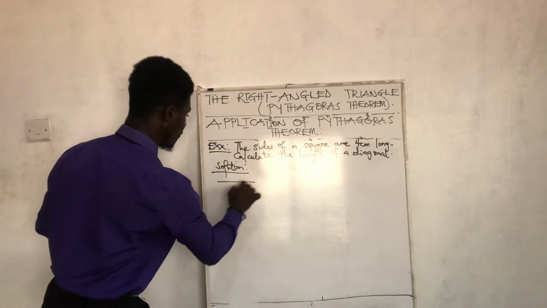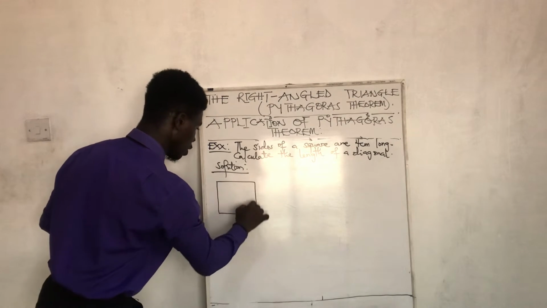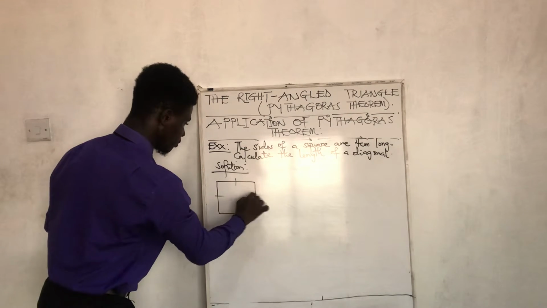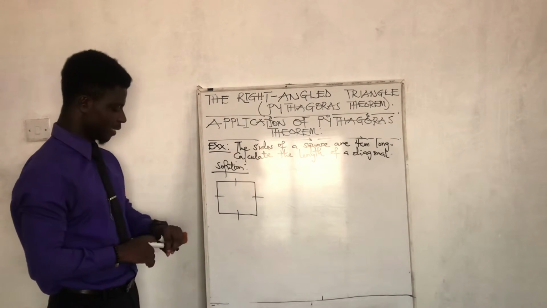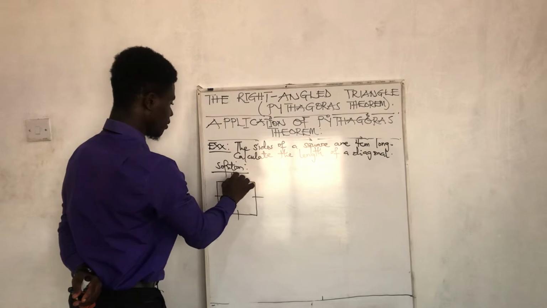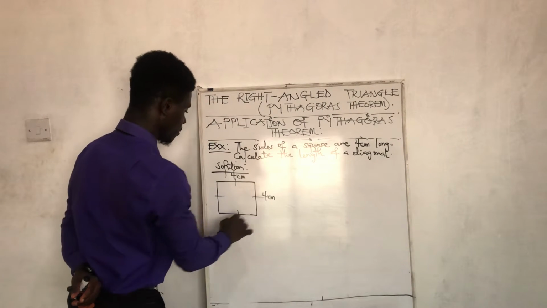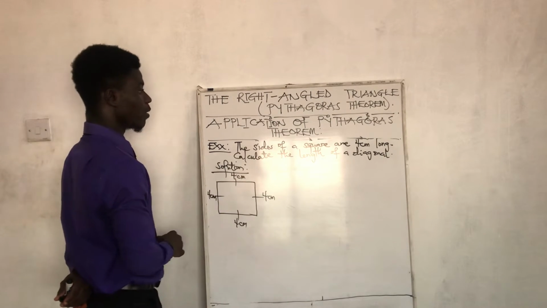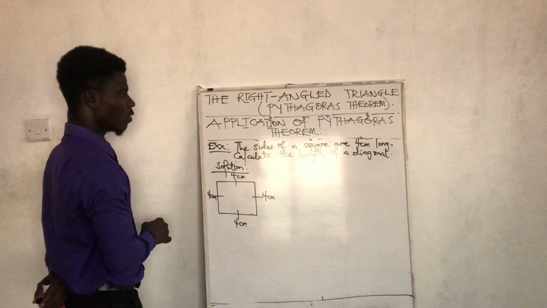So I have my square. We have to sketch the square. All the sides are equal. So I have 4 centimeters here, 4 centimeters here, 4 centimeters here, and 4 centimeters here. So calculate the length of a diagonal.